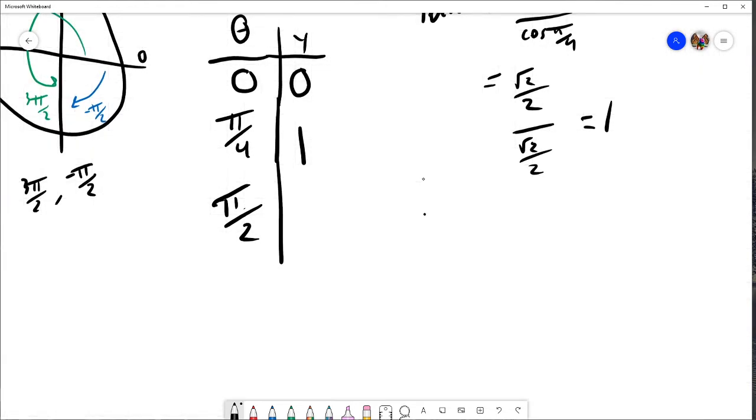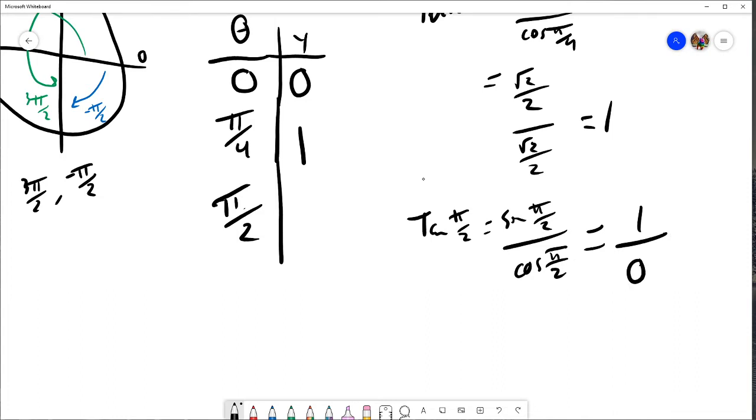So tangent pi over 2 is equal to sine of pi over 2 over cosine pi over 2. Great, except that, well, we recall that sine of pi over 2 is 1, but cosine pi over 2 is 0. Red flag. You cannot divide by 0.